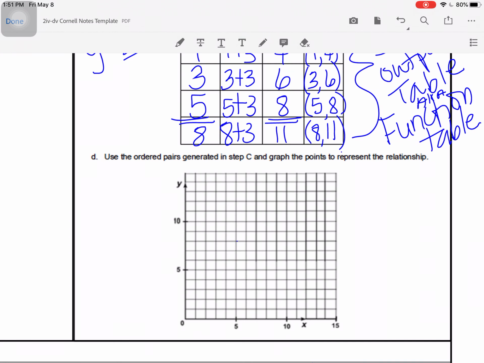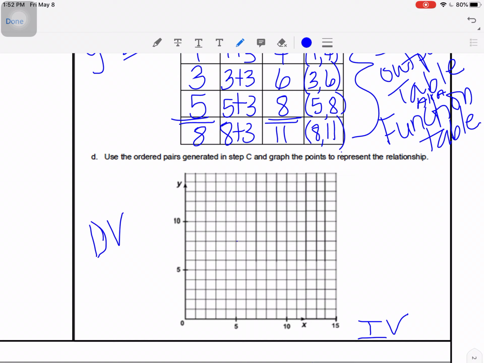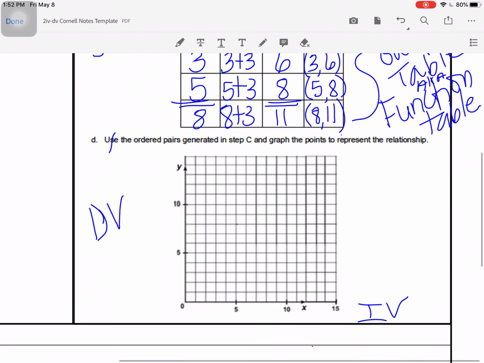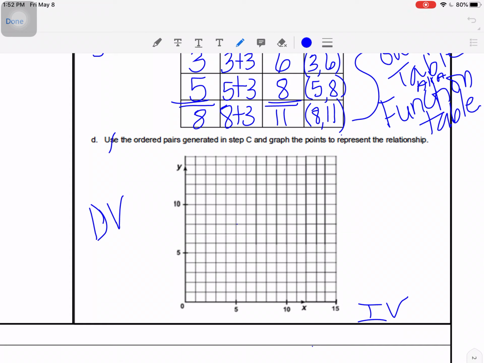All right, so let's graph our coordinates. Remember, the x-axis is our independent variable. The y is our dependent. So x, y. Our first set of coordinates is 1, 4. So we're going to go over 1 and we're going to go up 4. So it's going to be right here. Our next coordinate was 3 and 6.